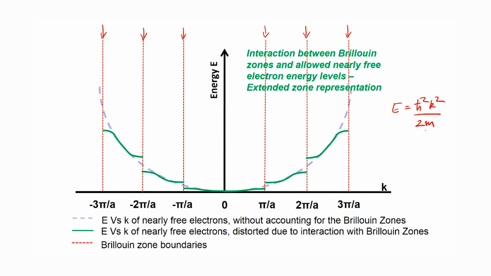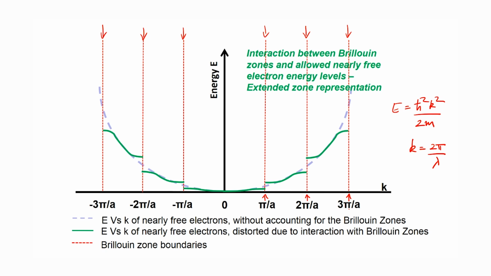So, the electron tries to assume all values consistent with this E equals h bar square k square by 2m, where k is 2 pi by lambda, but it finds that at values corresponding to pi by a, 2 pi by a, 3 pi by a, etc., whenever it meets those conditions, it is actually satisfying the condition for diffraction.